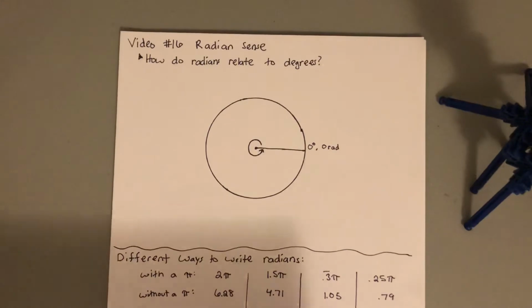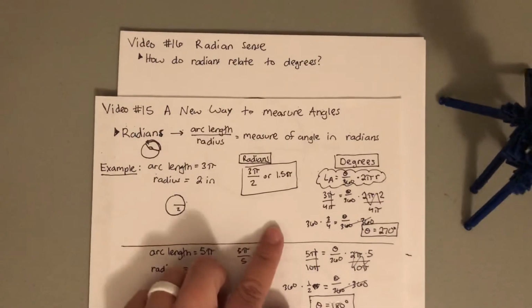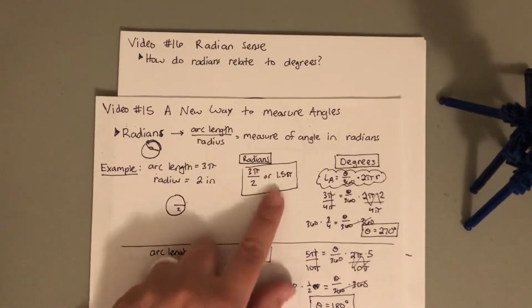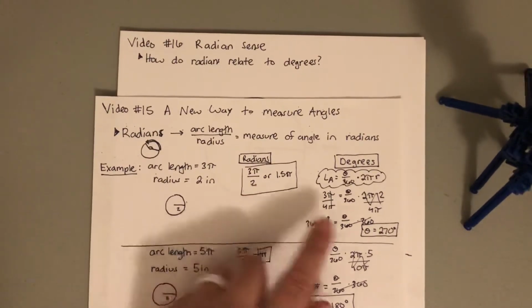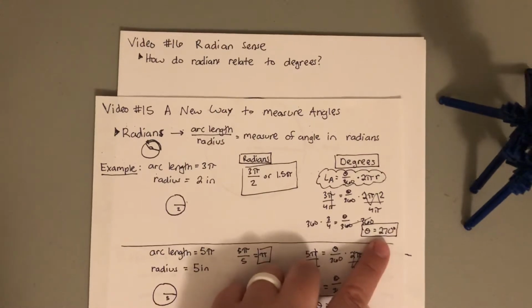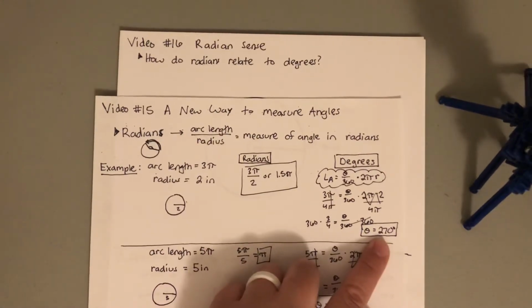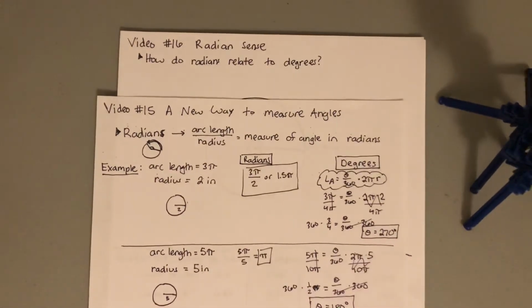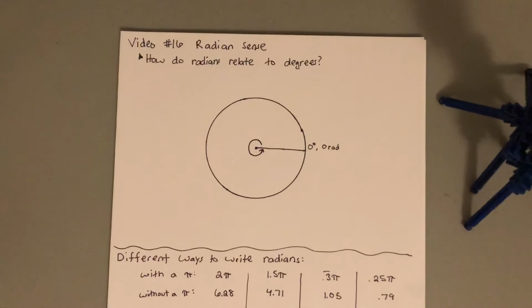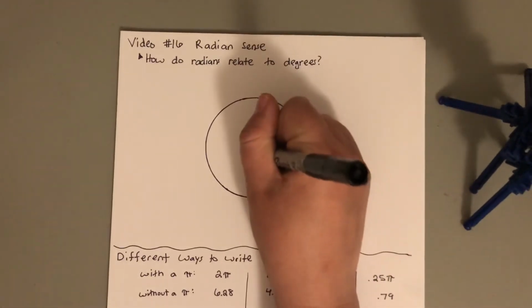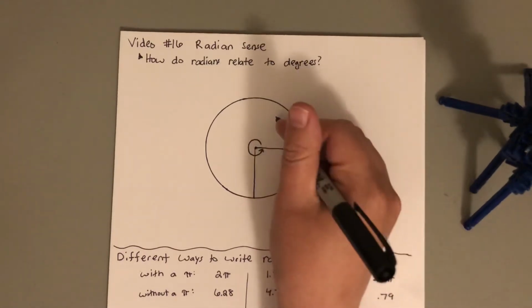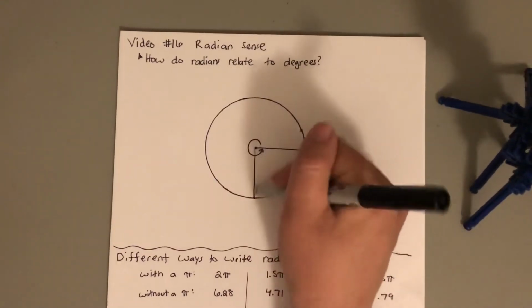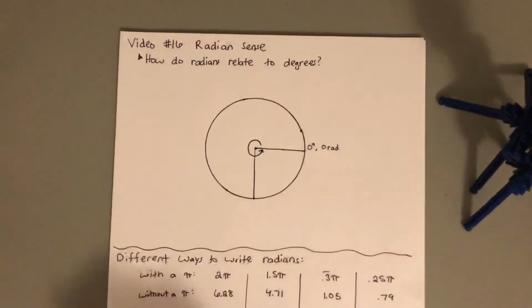So we learned in the last video, this is my paper from the last video, that 1.5 pi or 3 pi over 2 was the same as 270 degrees. So let's write that down. 270 degrees is 3/4 of the way around the circle because it's 3/4 of 360. 90 degrees, 180 degrees, 270 degrees, and then back to the beginning.